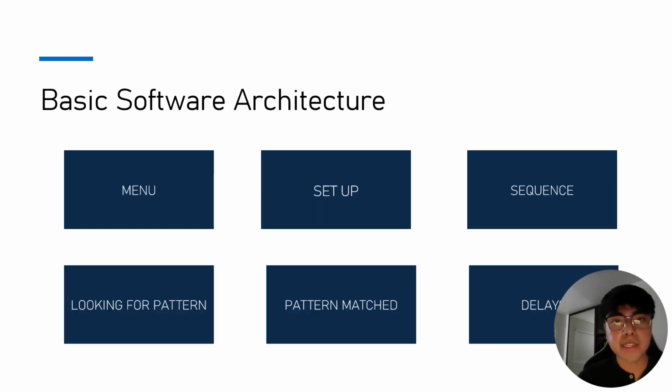For the basic software architecture, there were 6 different blocks of code that made up the game. Without going into much detail, here are the 6 main important pieces.